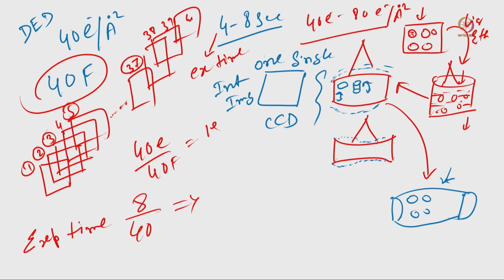So, 0.2 seconds is what we are giving. We are collecting 0.2 seconds per frame, and the total exposure is 8 seconds to collect this entire 40 frames. When you have the entire 40 frames, that is a huge size, and it is a movie kind of thing.